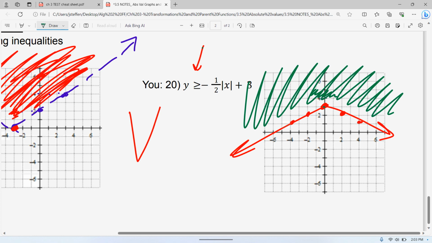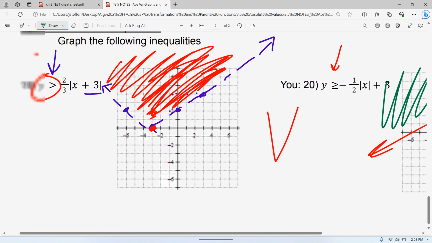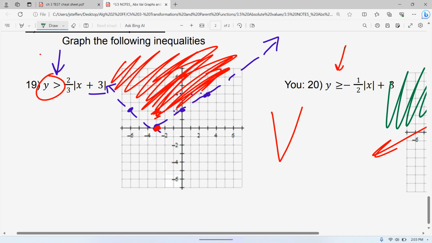Now, I had somebody earlier today that looked at this one and said, how come on this one, when it was greater than, you shaded outside your absolute value? I told them that's not how you can look at it. Don't think of it as inside or outside. When you're initially graphing, it's either above or below. Those are the only two options. These are both greater than, so they were both above.